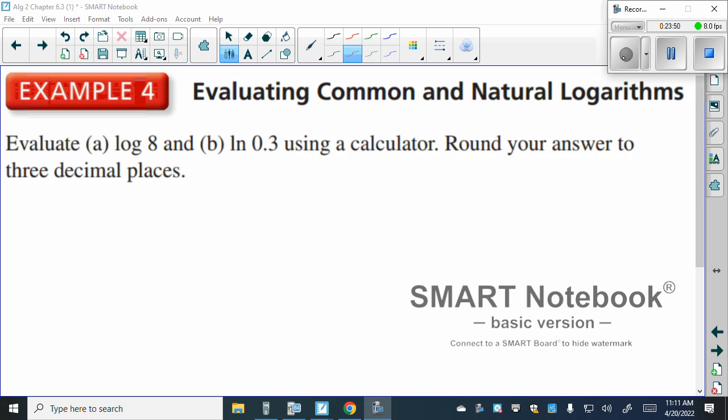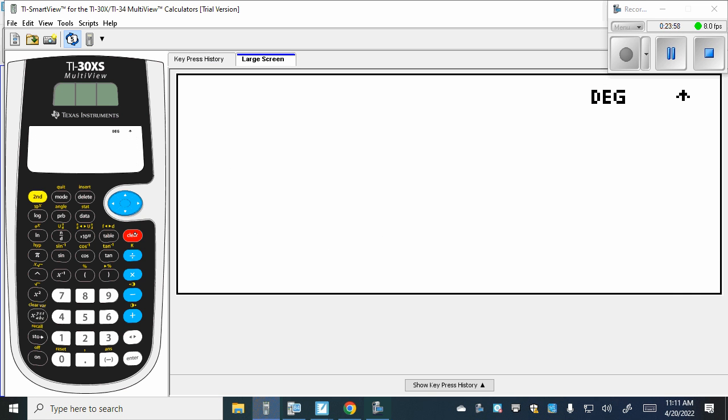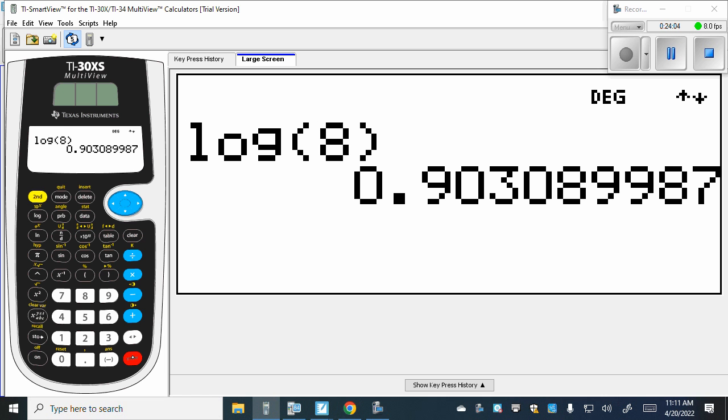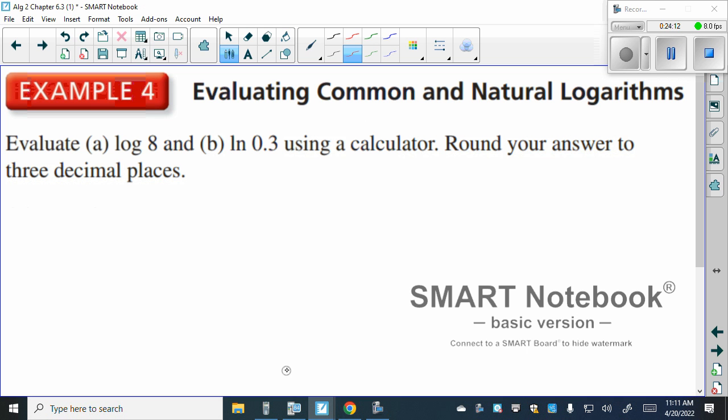So these here, we want to evaluate log of 8 and the natural log of 0.3. So in the calculator, we can go log 8 and hit enter. And we get 0.90308. And they wanted 3 decimal places. So log of 8 is 0.903. That's all we have to do. I think y'all like these, yes? Well, we can do the same thing for the natural log.